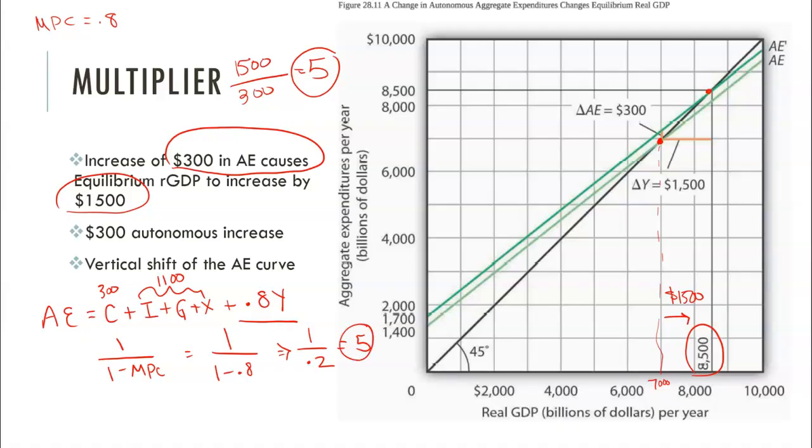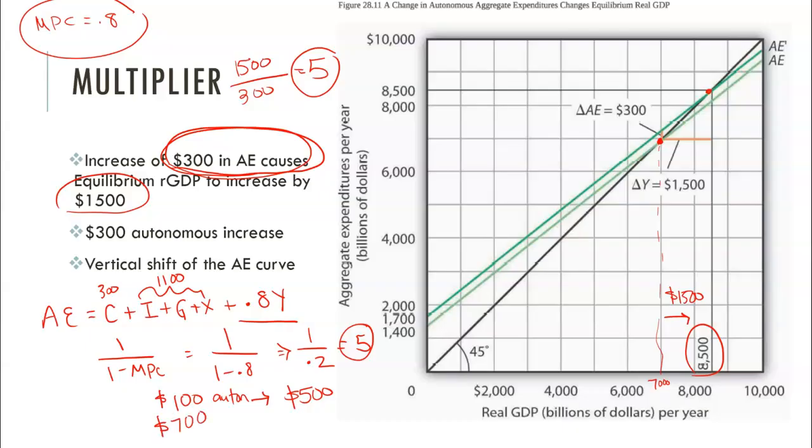So if we know the proportion that consumers spend, and we know the initial increase in spending, we're always going to know what our new equilibrium GDP is. So in this case, if we had another $100 of autonomous spending, it's going to increase real GDP by 500.